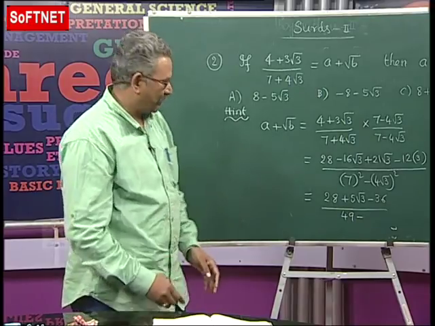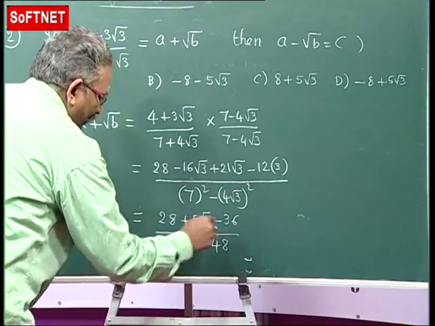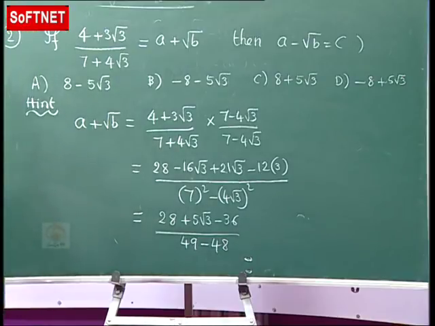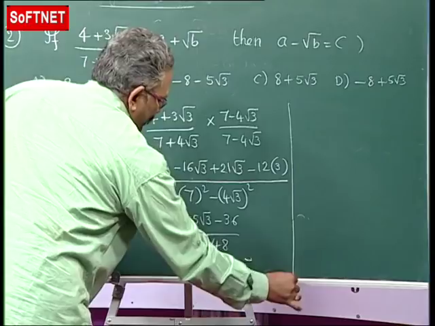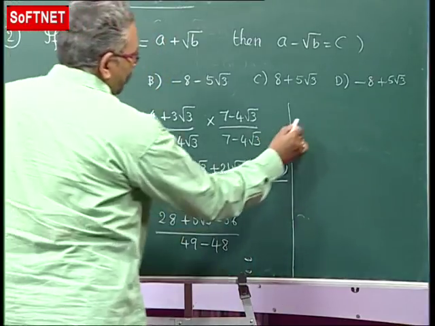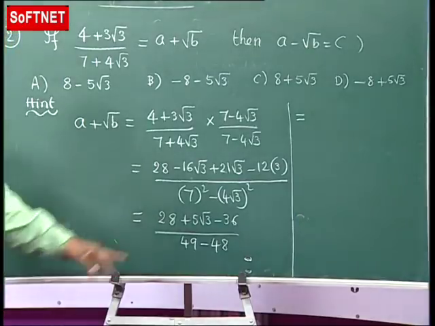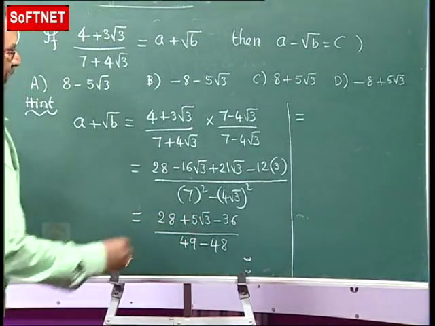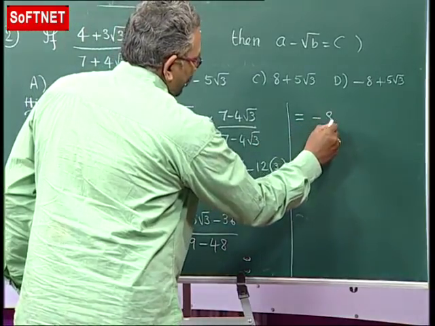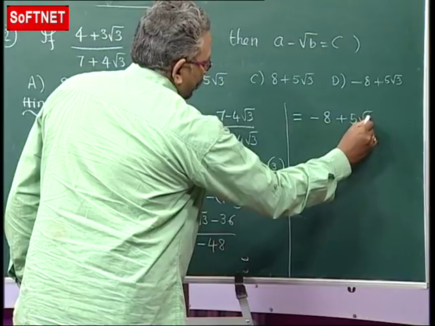Am I correct? So, 48. What is the value of 49 minus 48? That is 1 only. So, now we get this is equal to 36 minus 28, that is minus 8, now plus 5 root 3. Check it.